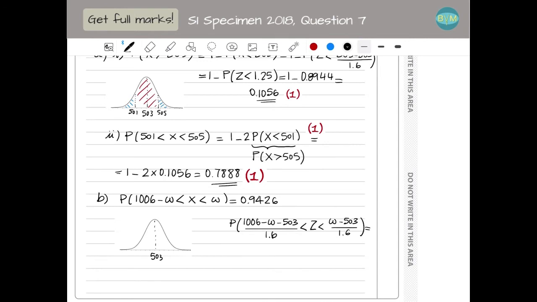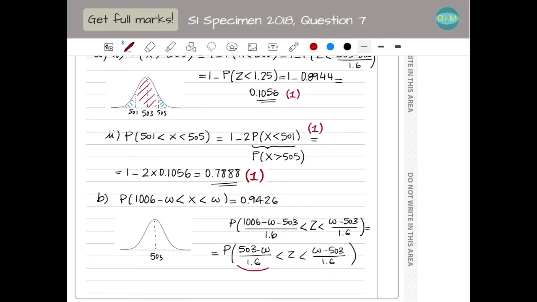If we calculate 1006 minus 503, you have a probability of Z being between 503 minus W over 1.6 and W minus 503 over 1.6, the same but with the sign reversed.